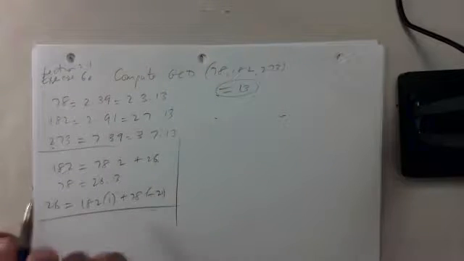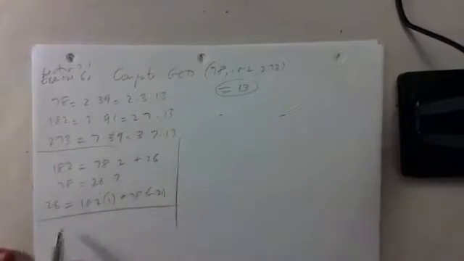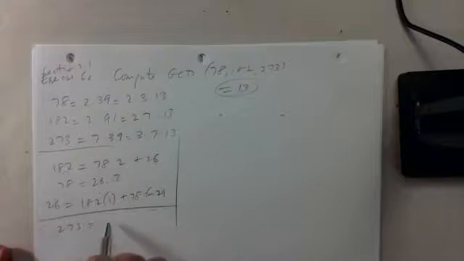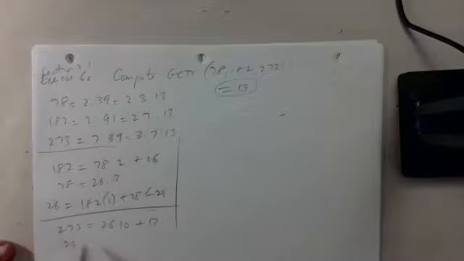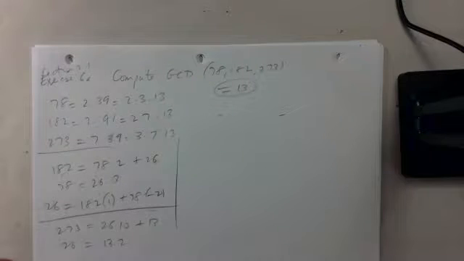Now, what about the greatest common divisor of 273 and 26? If you divide 26 into 273, that goes 10 times and leaves a remainder of 13. And 26 is 13 times 2 and leaves a remainder of 0. So 13 is 273 times 1 plus 26 times minus 10.